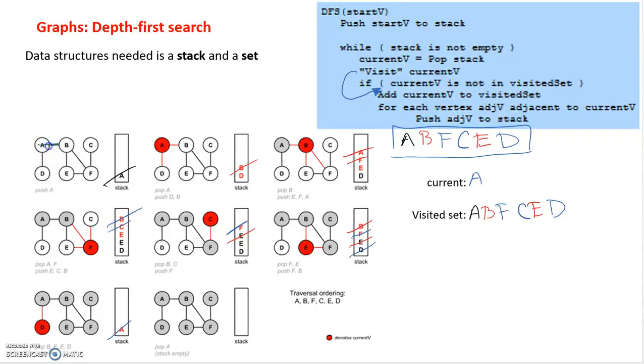It is A, B, F, C. That's one depth first search all the way down to the end, and then E, and then D. These are the vertices that have been visited, all the nodes.